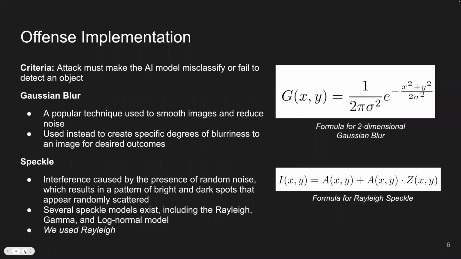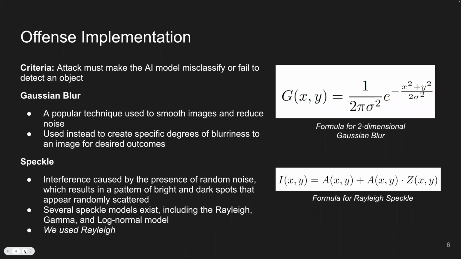So for our offense implementation, as mentioned in our related research, perturbation attacks are one of the most common types of methods used against object detection software. After reading about a recent and novel successful method called Poltergeist, used as an evasion attack, we decided to apply a similar method that allows the attacker to pick varying degrees of noise and blurriness before inference by primarily using two key math equations in our attack algorithm.